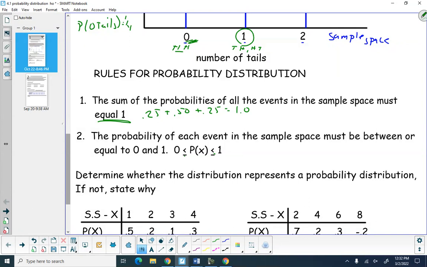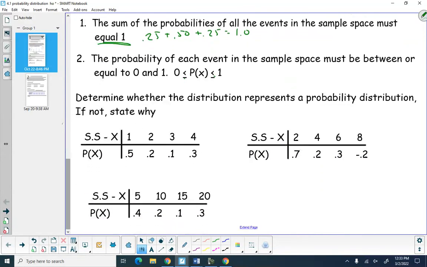Now, everybody's 100% might be a little bit different, which is fine, but you give your maximum effort, which is your 100%. There's no way of giving more than 100%. There's no way of having a probability that's greater than 1.